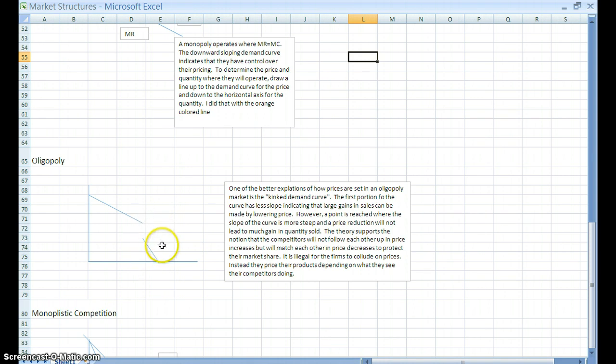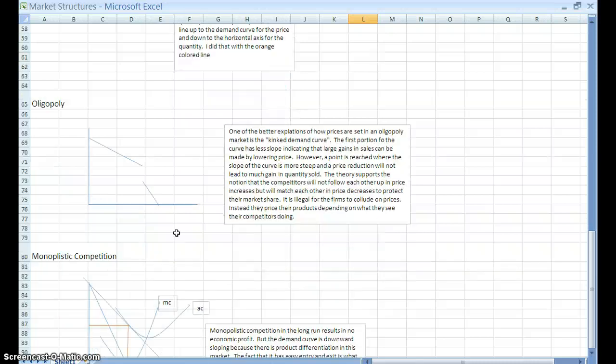They will follow you down on price decreases, but they will not follow you back up on price increases. So what keeps oligopolies operating is their ability to watch each other and to keep their costs relatively in line compared to each other, and then they protect their market share.